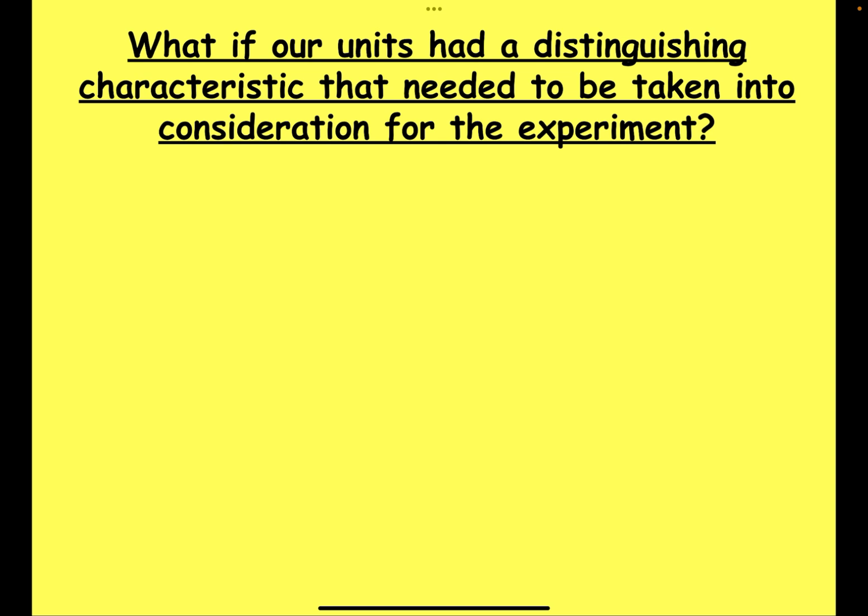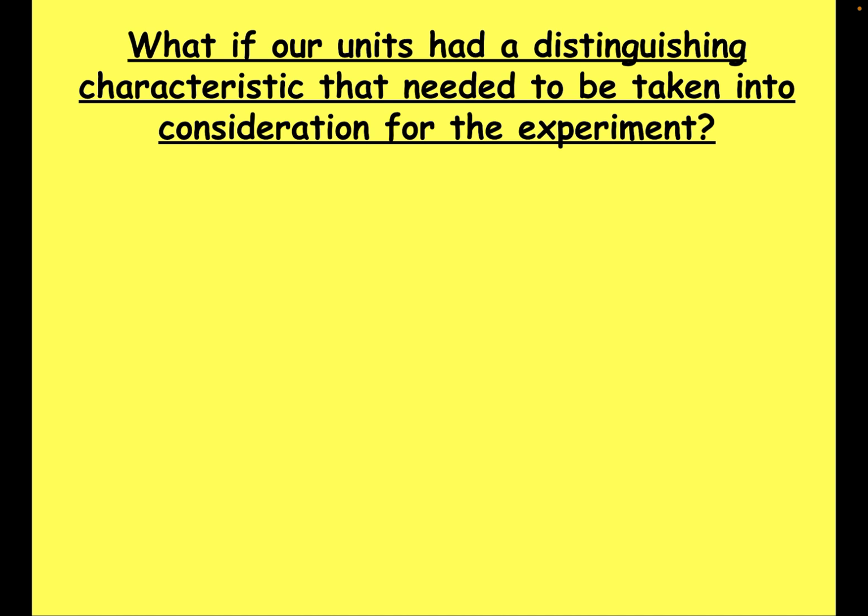So what if our units had a distinguishing characteristic, though, that needed to be taken into consideration for the experiment? Think about if you had a survey, right, and there was a pre-existing condition that would need to be taken into consideration that I should have separated them into.